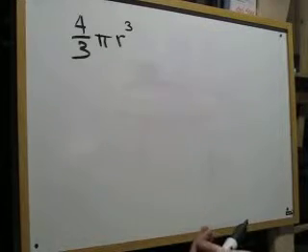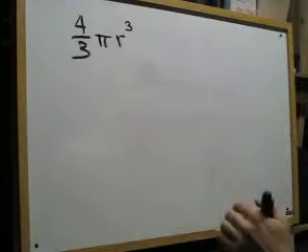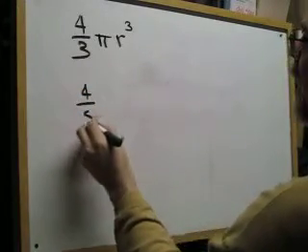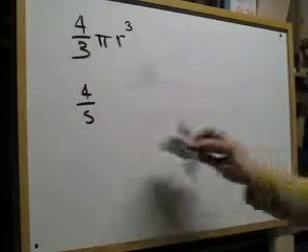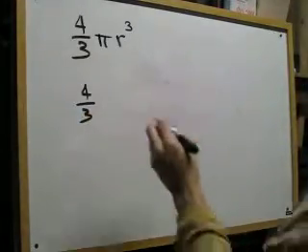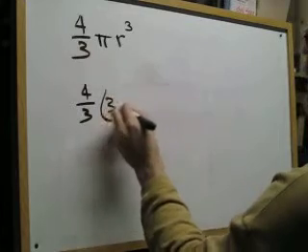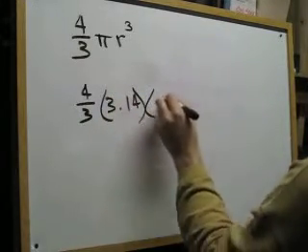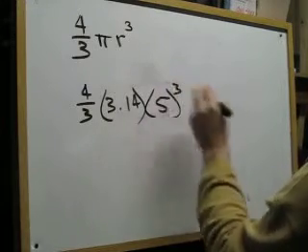So if I tell you that the radius of a sphere, a globe, a ball, a tennis ball, a golf ball, whatever, is 5, leave the 4/3 as it is. That will never change. Times 3.14. Remember, that's what pi always equals. Times the radius, 5, and we're going to cube that.